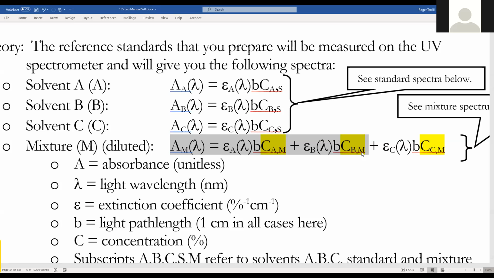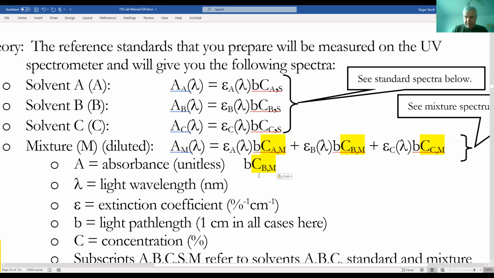Didn't we calculate it at 0.025? Yeah, we did. But here we're doing it differently. What we're going to do is drop the B's because they're all a bunch of ones.